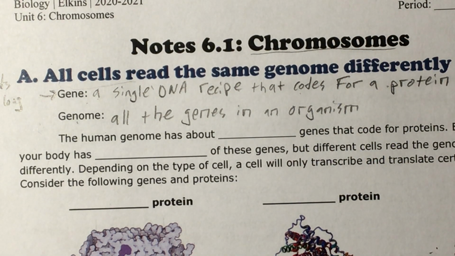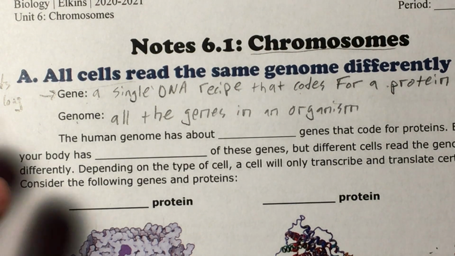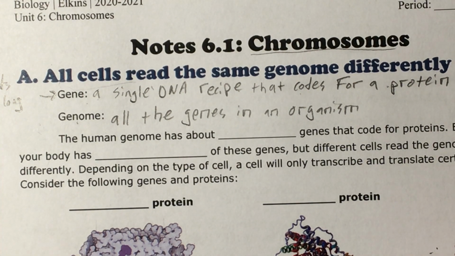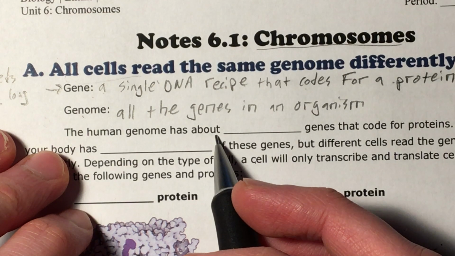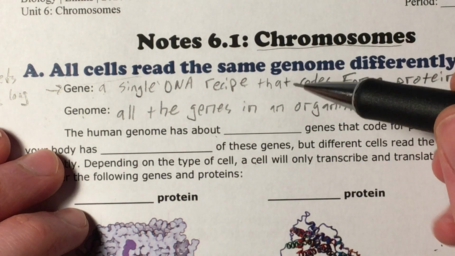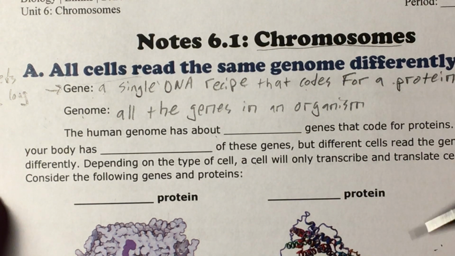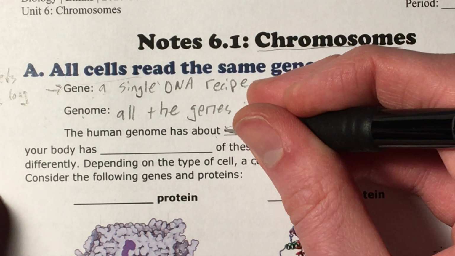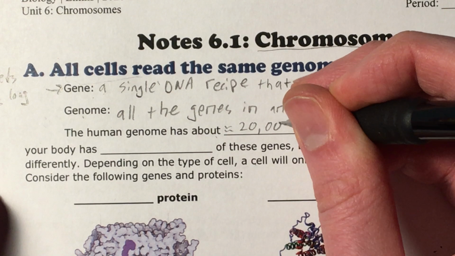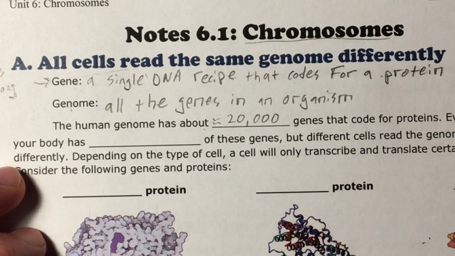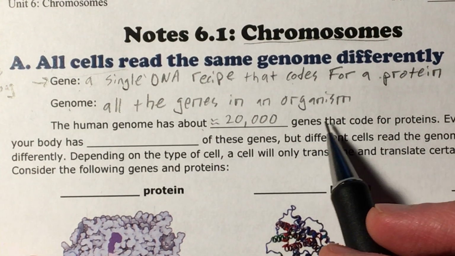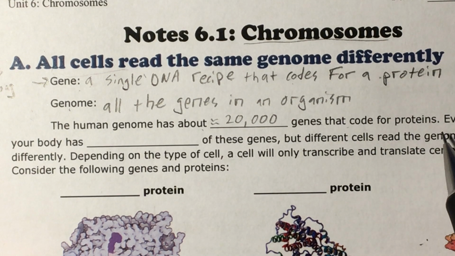So each of the cells inside of an organism has the whole genome, which contains all the genes. So the human genome, guess how many genes the human genome has? About 20,000. So 20,000 genes, and each of those genes codes for different proteins, okay?